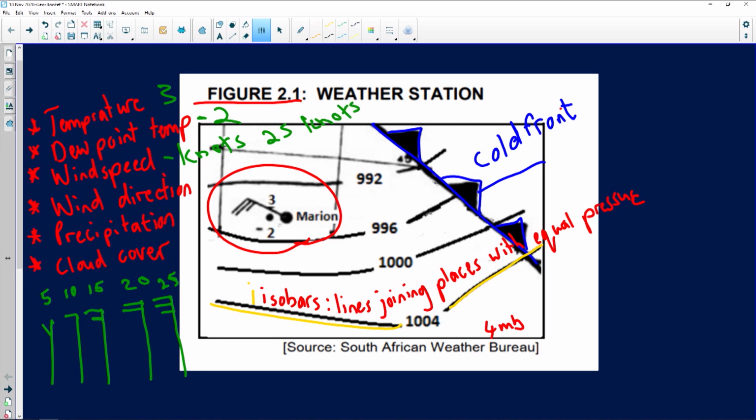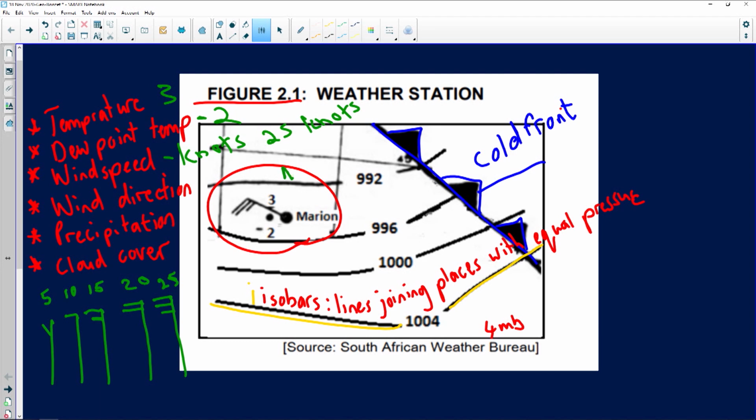Okay, the wind direction, remember, wind is named from the direction it's coming from. Okay, so there's north. North is always on top, east, south, and west. If you take the body of the weather station model, and if you look at the direction, it's going to be roughly northwest or west-northwest. I'm just going to go with northwest. Okay.